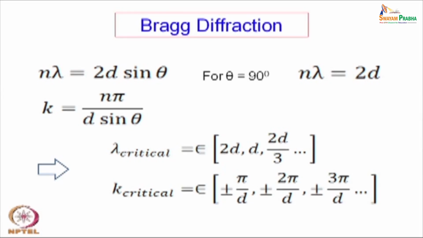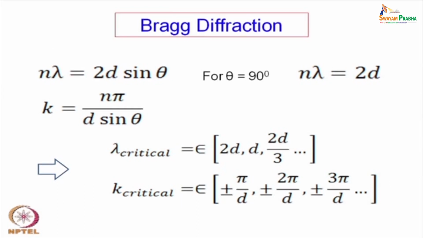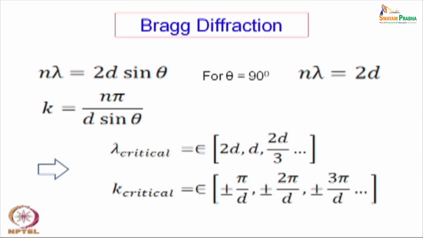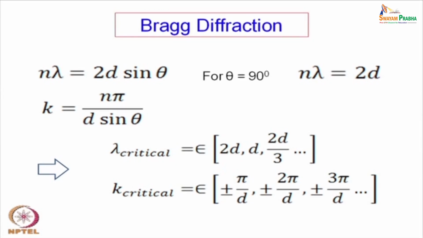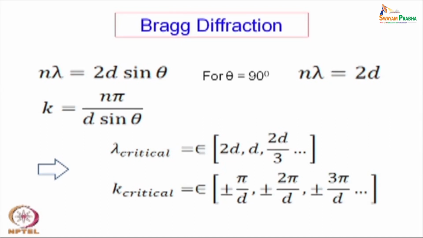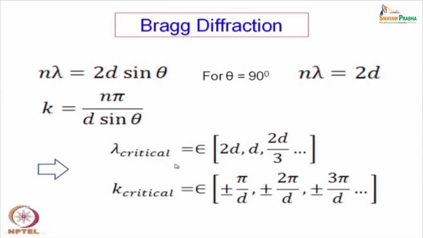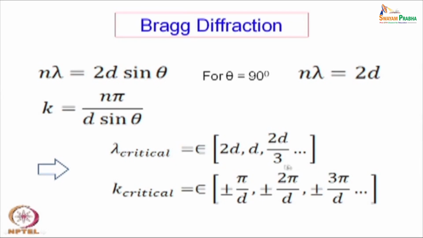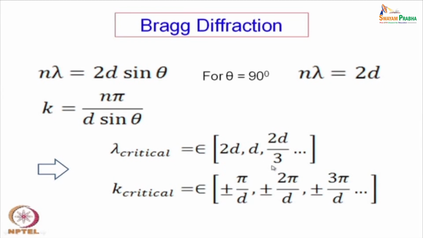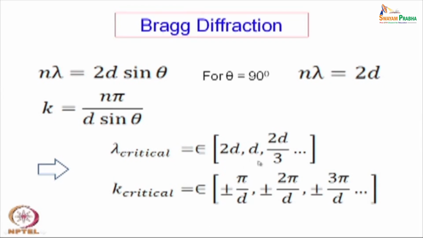So there will be some kind of forbidden barrier to the movement of the electrons, and that comes from the periodic lattice. These are the relationships for lambda critical, the values at which this condition is satisfied: 2d, d, and 2d by 3.